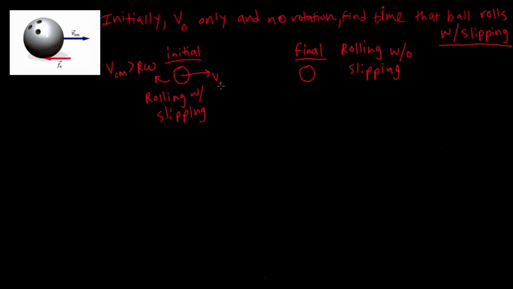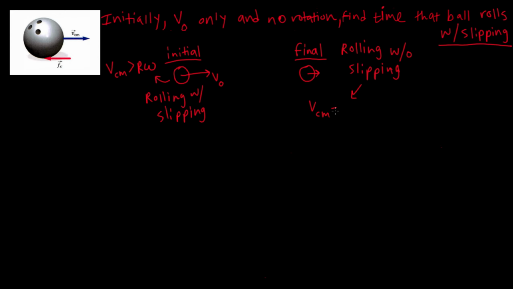And we're given that the object travels at an initial velocity of v naught, or v0. After some time, it's going to reach a final velocity. Let's denote that with v subscript f, Vf.